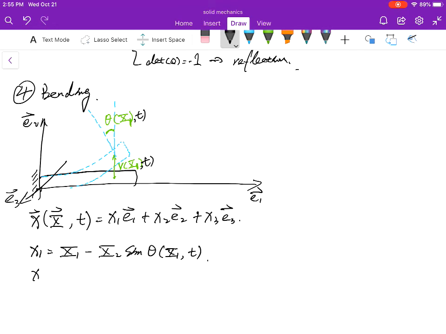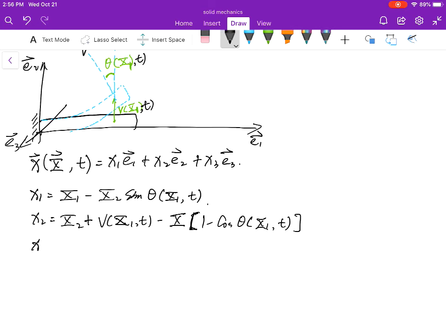And x2 is simply X2 plus the function v, which you remember is a function of uppercase X1 and t, minus, due to the rotation, this term. This theta is a function of X1 and t, as you remember. So that's for x2, and x3 is simply X3.